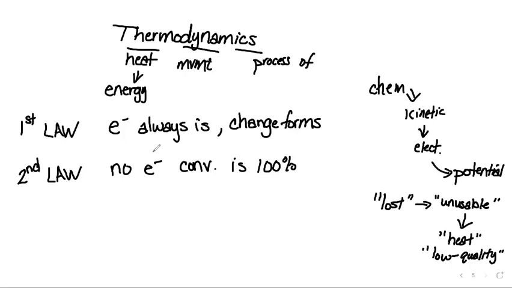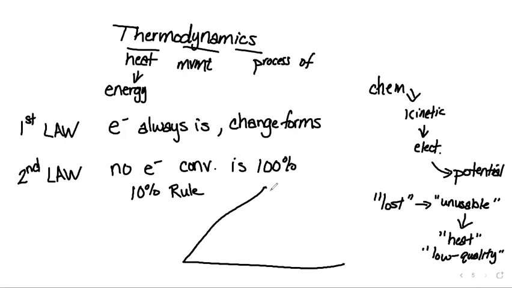This law is where we get that rule of thumb that you work with when it comes to ecosystems. This is where you get the 10% rule. In an ecosystem, in the transfer of energy through a trophic pyramid, the amount of energy transferred from one level up to the next is approximately 10%.